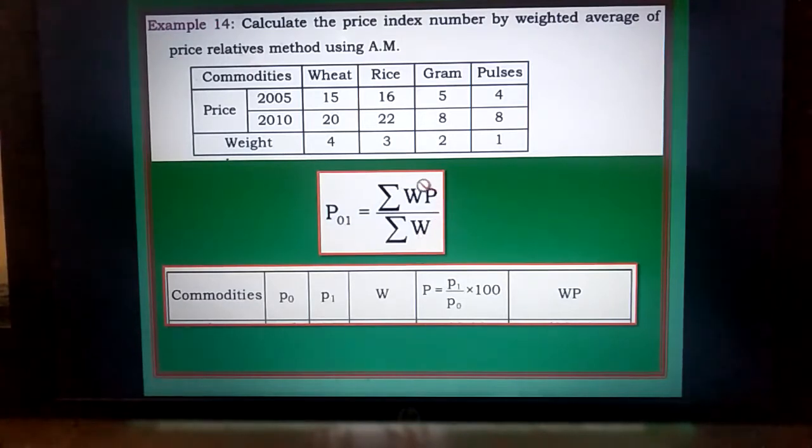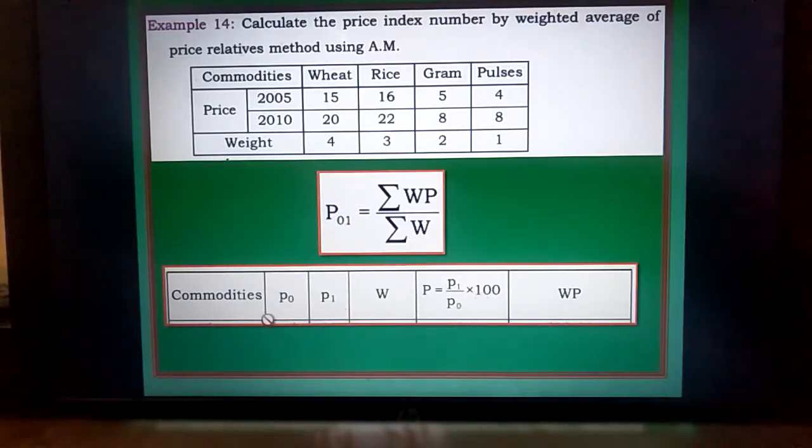So capital P is nothing but price relative. In the beginning of the chapter, we have already come across the definition of price relative and the expression for it. Based on that, price relative capital P is P1 divided by P0 multiplied by 100.